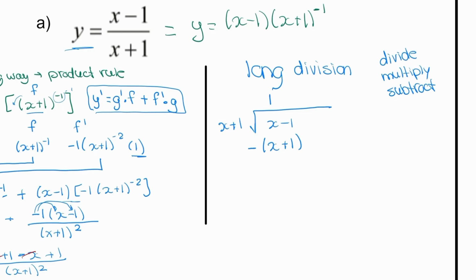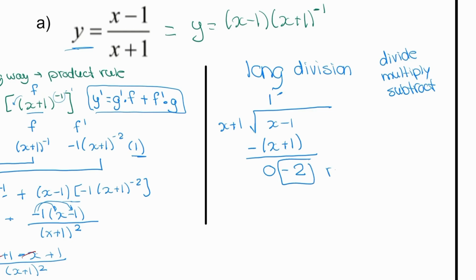So there was my divide. There's my multiply here, even though it's just a 1 that I'm multiplying by. And then I'm going to subtract the whole thing. So x minus x is 0. Negative 1 minus 1 becomes negative 2.